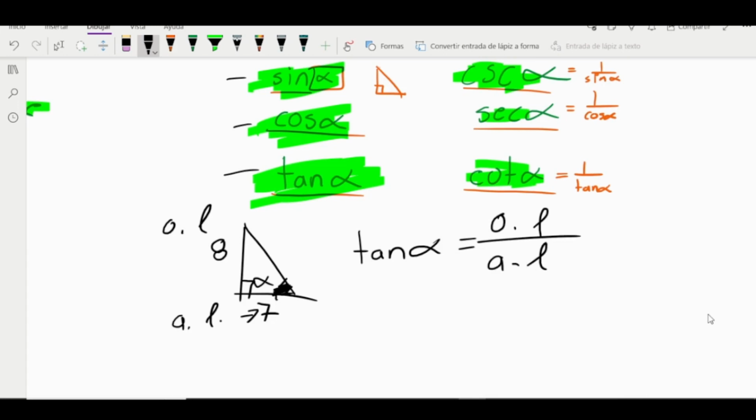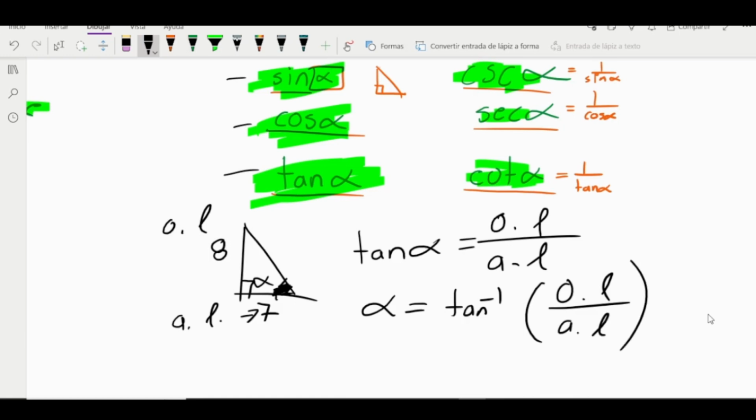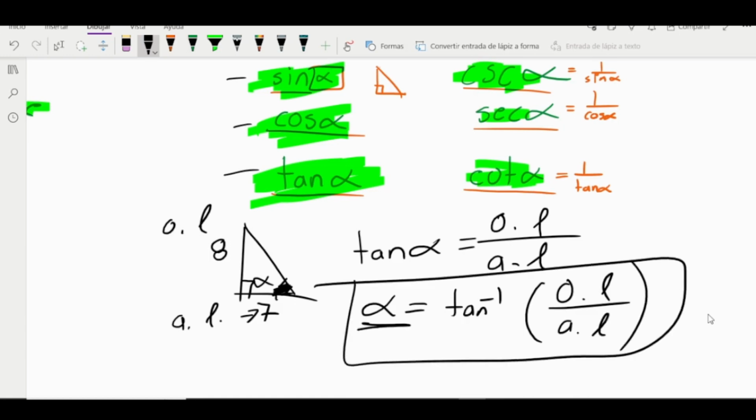This is the expression for the angle. So here we have the inverse function of the tangent of this, and with this expression, you can find the angle. You can apply this to have a better idea.